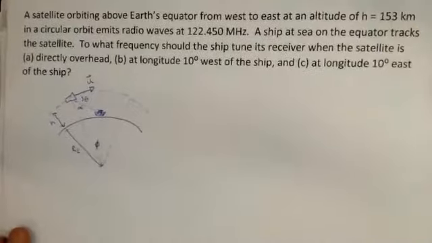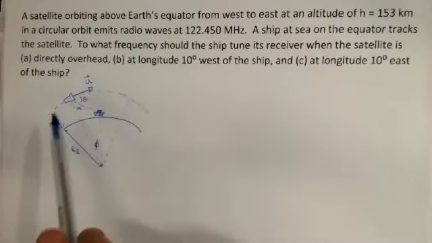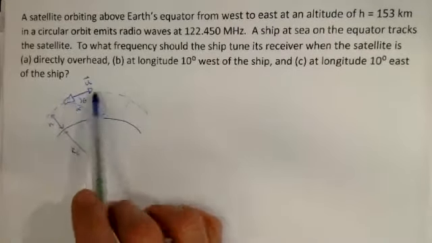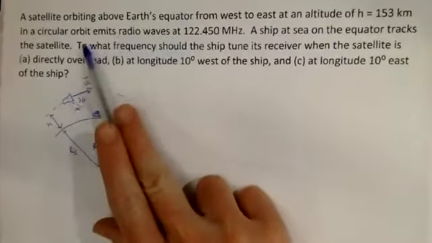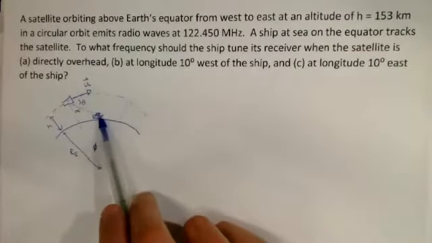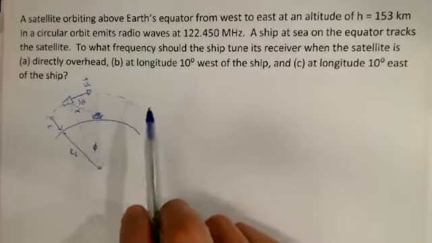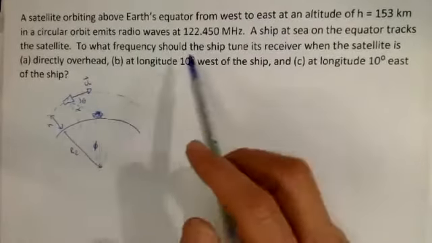Let's try another one. So this time we are given a very badly drawn satellite that is orbiting in a circular path over Earth's equator. There is a ship sitting still in the ocean, also on the equator.